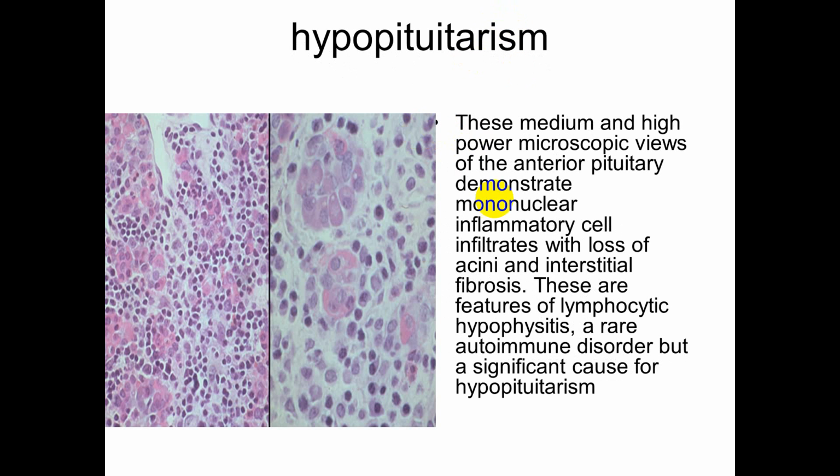In this picture, we demonstrate histological signs of the adenohypophysis in hypopituitarism. These medium and high power microscopic views of the anterior pituitary demonstrate mononuclear inflammatory cell infiltrates with loss of acini and interstitial fibrosis. This is a feature of lymphocytic hypophysitis, a rare autoimmune disorder, but a significant cause of hypopituitarism.